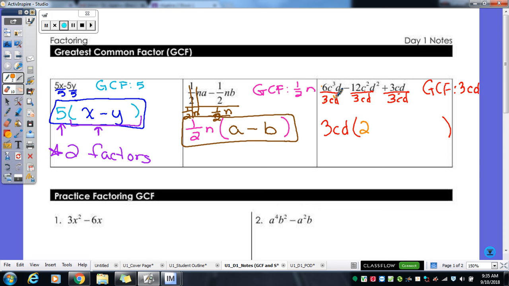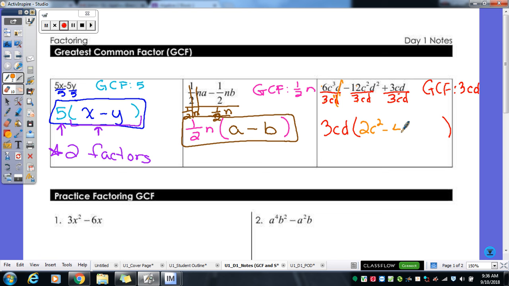Subtract our exponents. So remember that c we're dividing by, it's got an exponent of 1. So when I subtract those exponents, 3 minus 1 gives me a c squared. What would be our exponent on the d there? Nothing. Don't they have the same exponent? So they just cancel each other out. They're both an exponent of 1. Bam. d is gone for that first term.